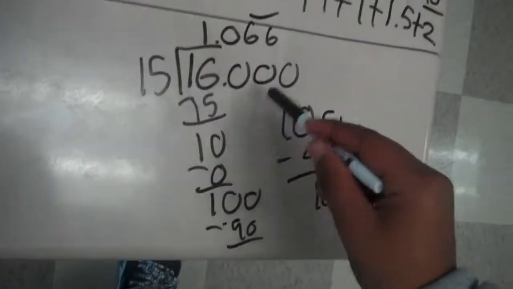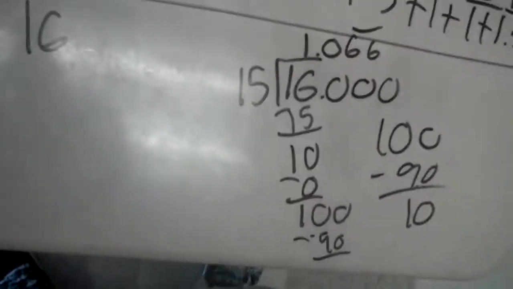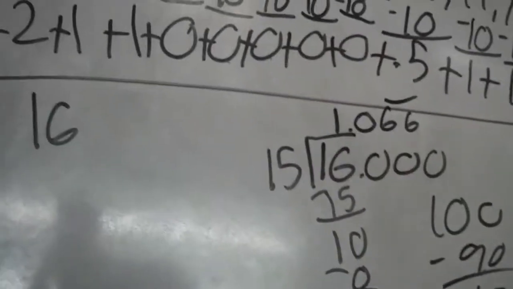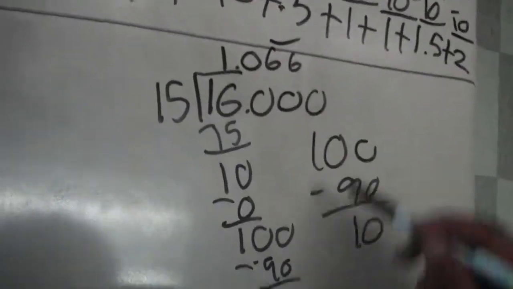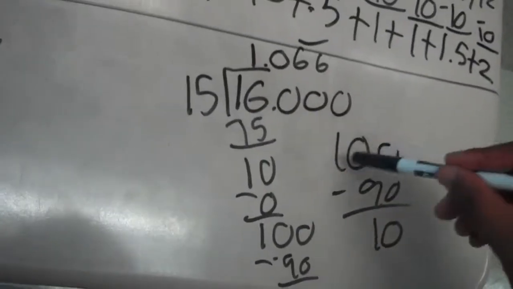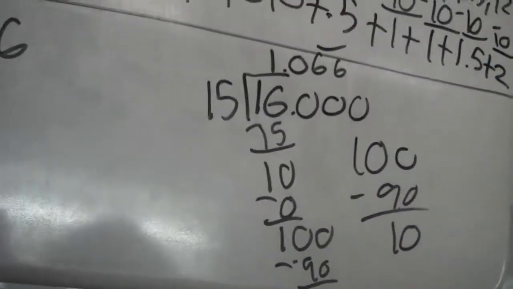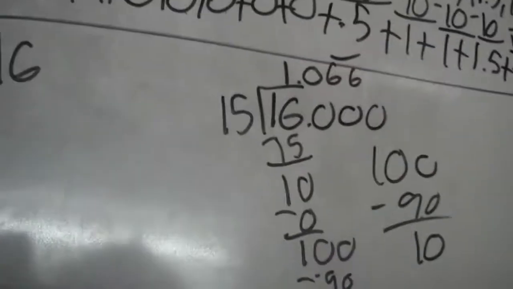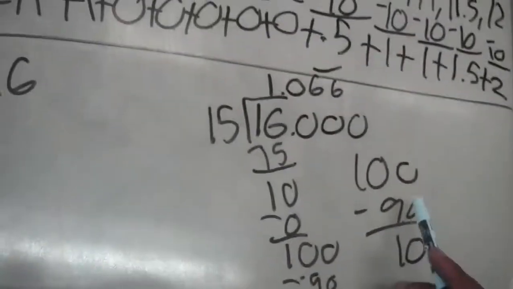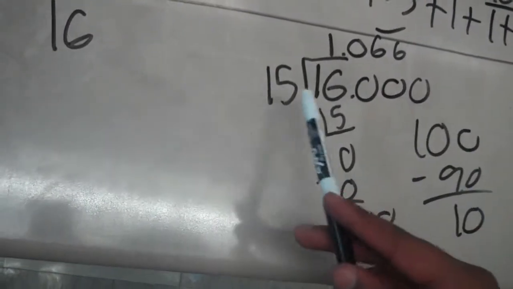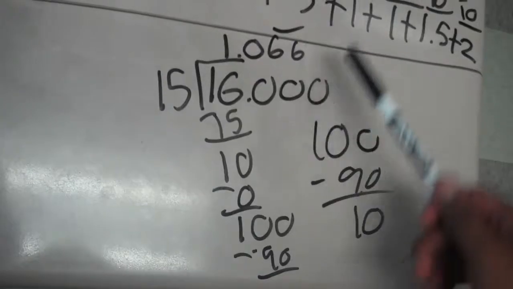Bring down the extra 0. 15 goes into 100 6 times. So, 15 times 6 equals 90. Subtract that. There's your answer.